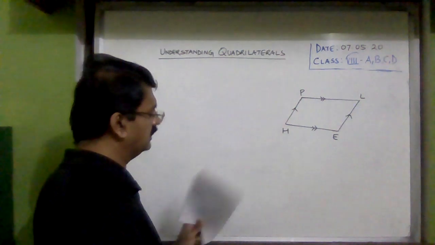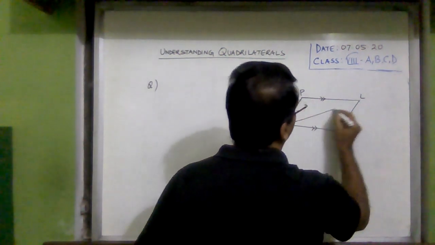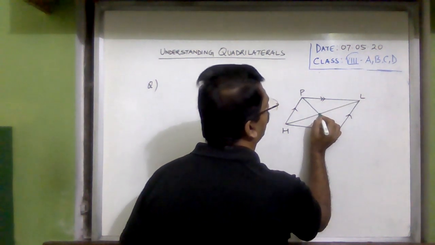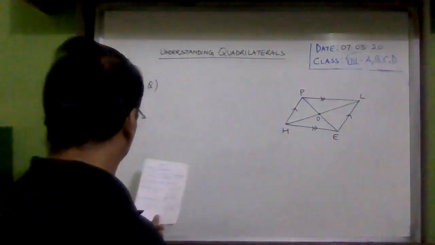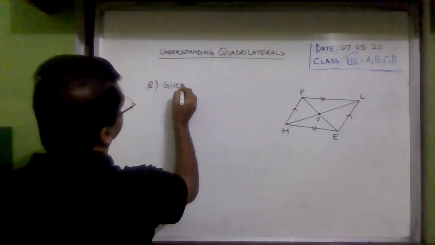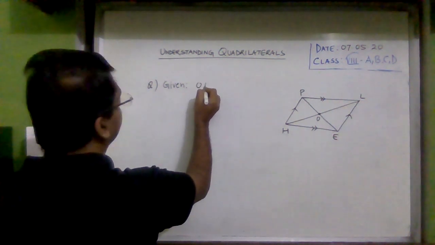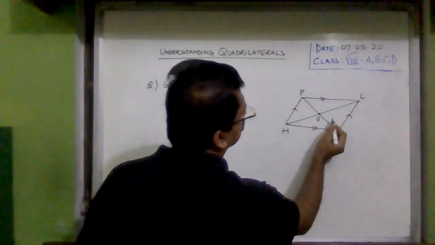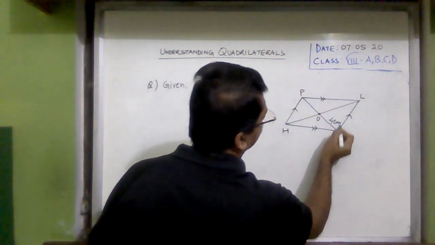Opposite sides are parallel. The diagonals HL and PE, they meet at point O. Now it is given that OE is equal to 4 centimeter.